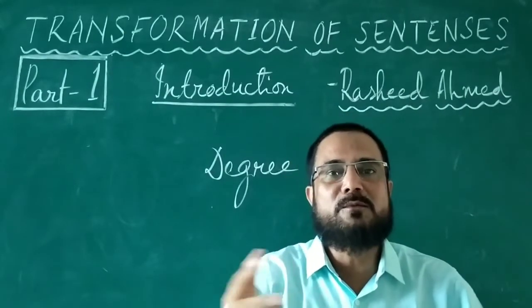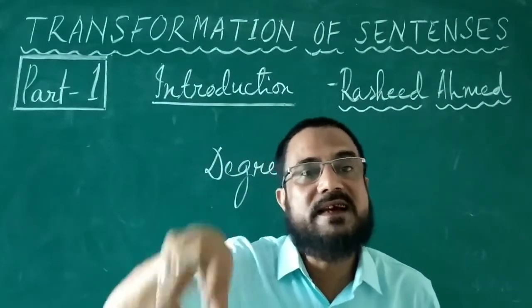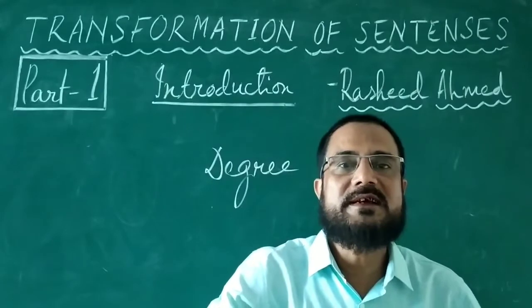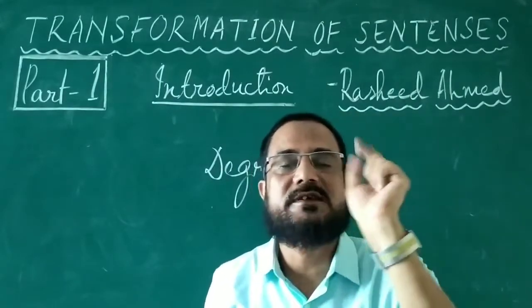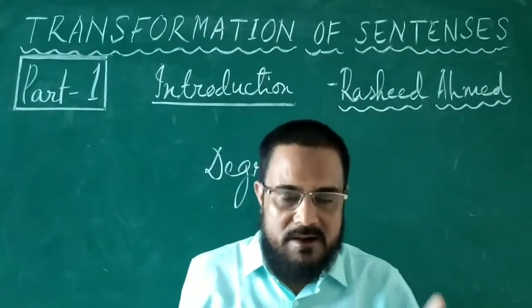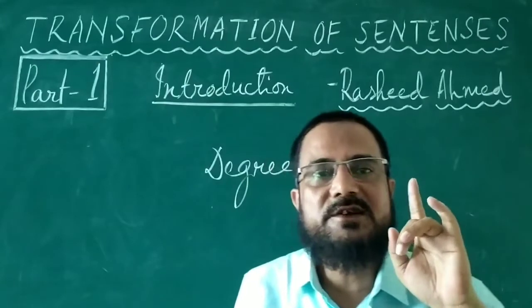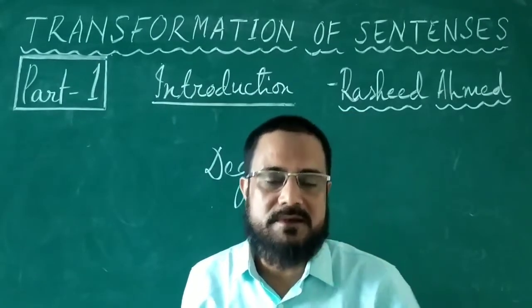When you say a big room, it means bigness, the quality of being big, this bigness is there in that room. When you say he is a good boy, you mean to say that goodness is there in the character of this boy. But how much goodness, there is no mention. So this just mentioning of the adjective is called positive degree.